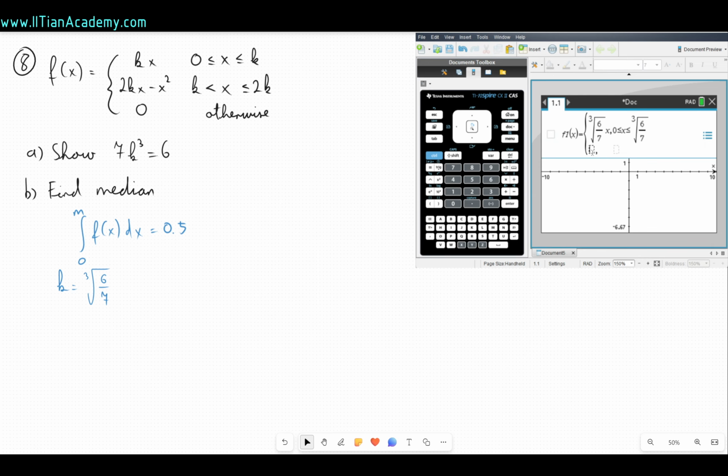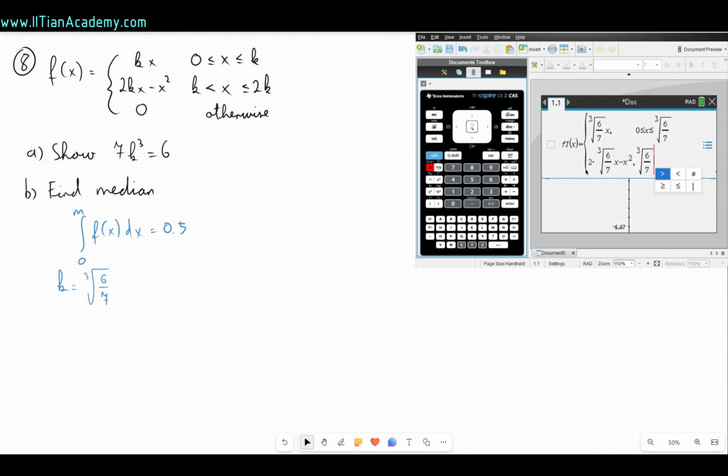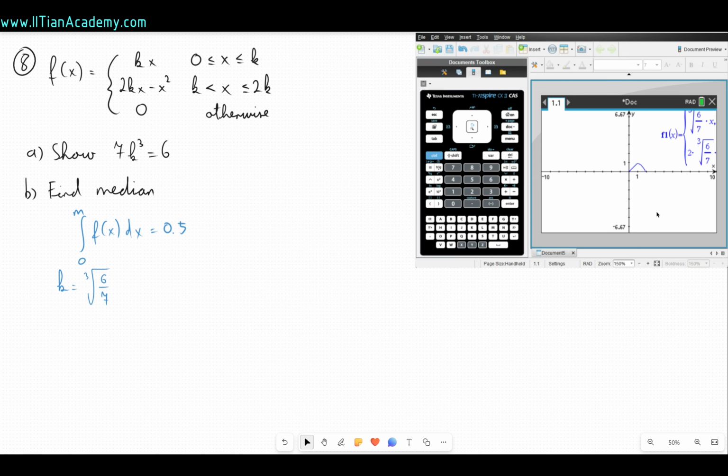And then the second one is 2 times k x minus x squared, and this goes from k all the way to 2k. Okay, so we get this nice little function here.